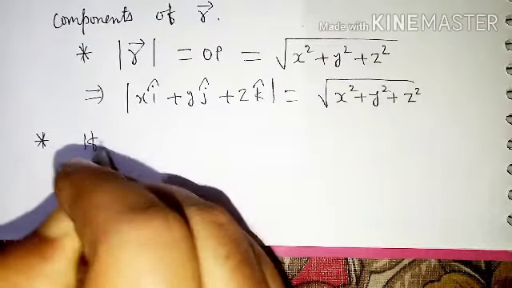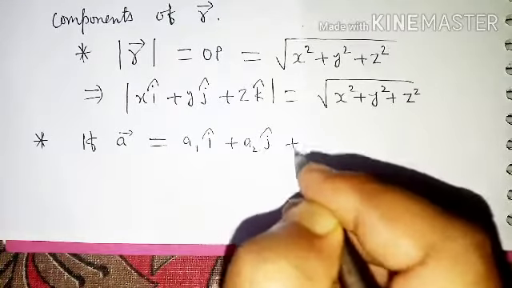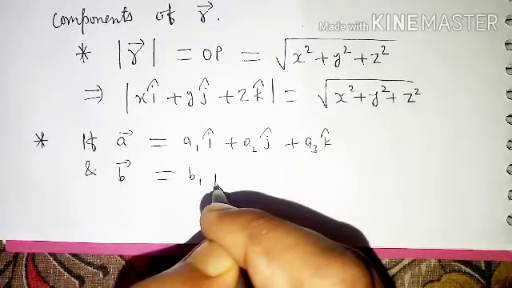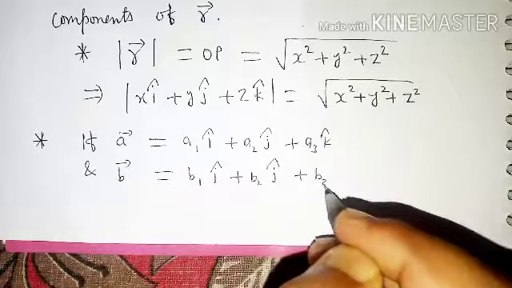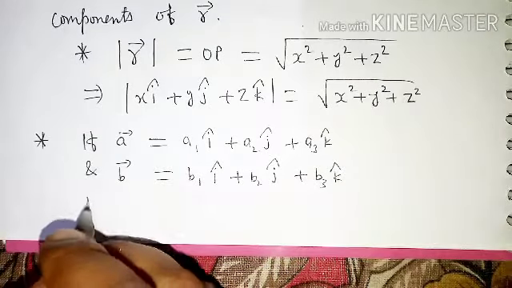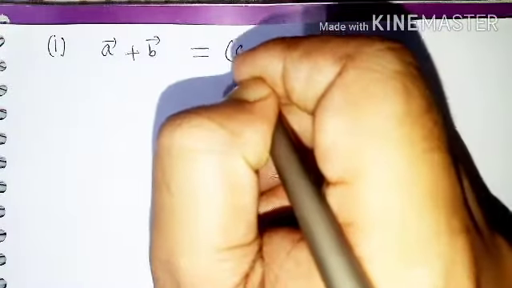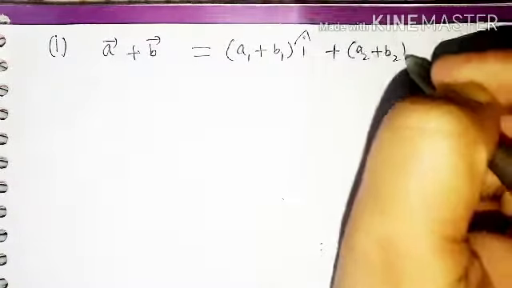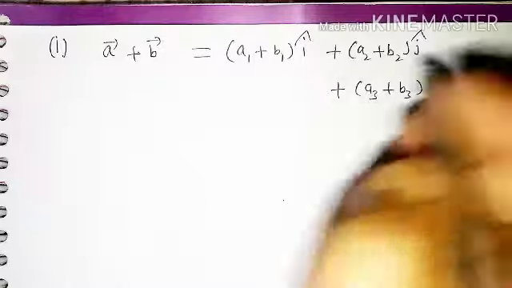If vector A in component form is a1 i cap plus a2 j cap plus a3 k cap and vector B is equal to b1 i cap plus b2 j cap plus b3 k cap, then first, vector A plus vector B is equal to (a1 plus b1) i cap plus (a2 plus b2) j cap plus (a3 plus b3) k cap.